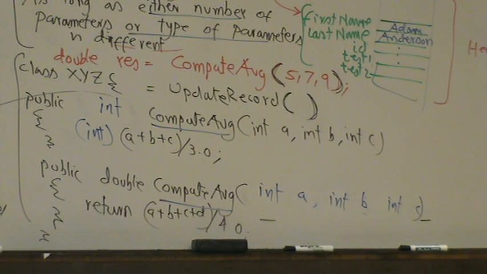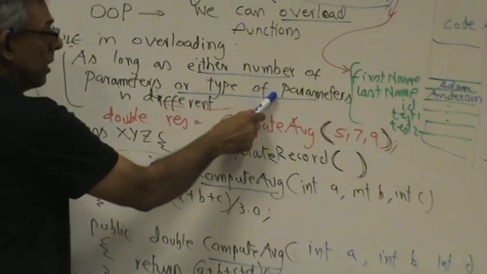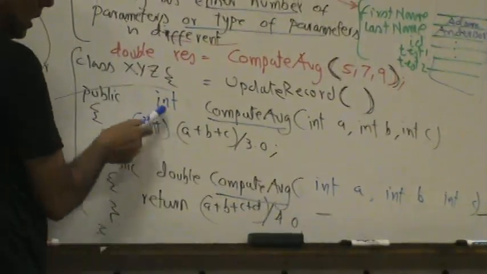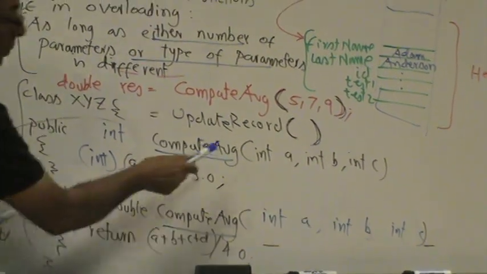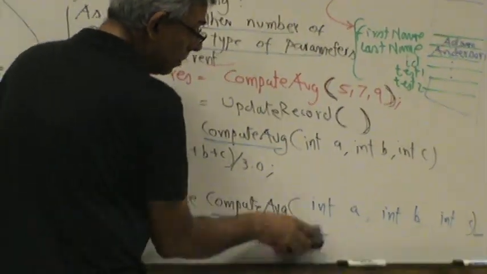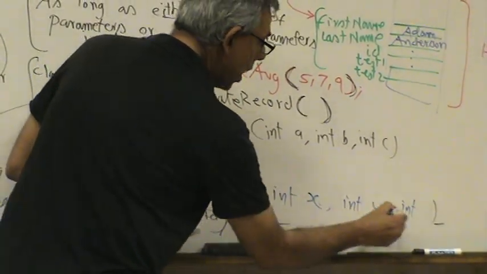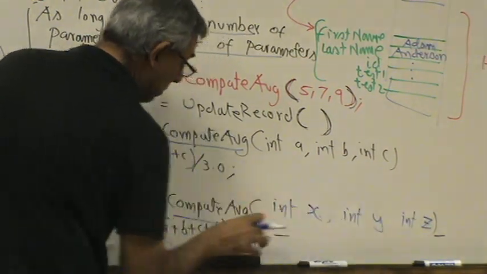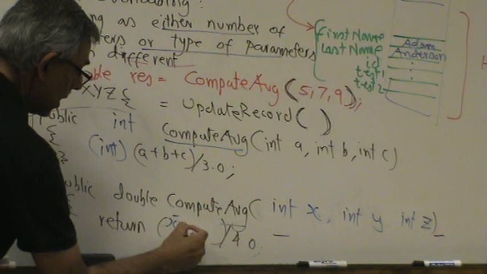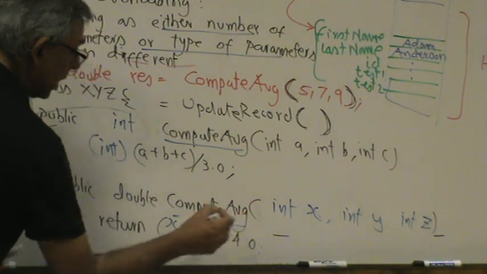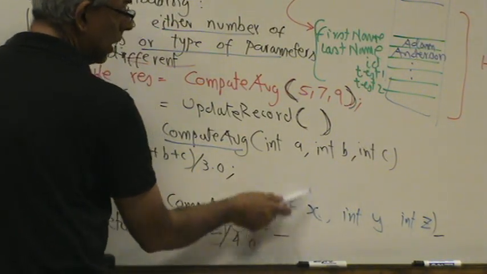The answer is, again, if you take a look at the rule I gave you, it only talks about the parameters, it does not talk about the return. So if there are 3 integers, even if you call them x, y, z, then in your code you will be writing x plus y plus z. Even if you name them differently, can we overload them now?